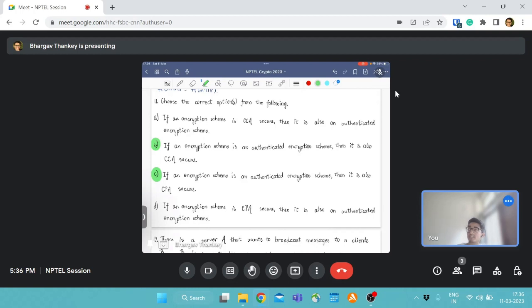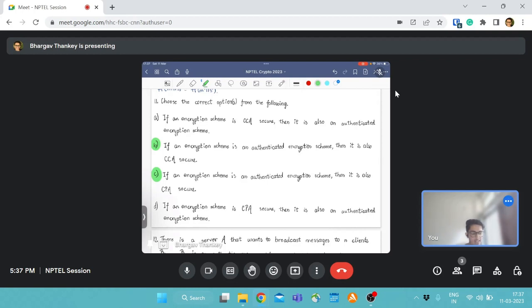Let's say you have a pseudorandom permutation from {0,1}^n to {0,1}^n. Let me call this F_k. To encrypt m, which is of length n/2, I would just pick a random string r of length n/2 and compute F_k of m concatenated with r. We saw in class that this is CCA secure but not an authenticated encryption scheme. So A is not correct.